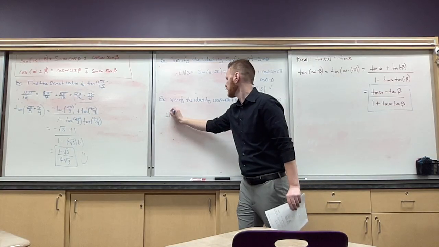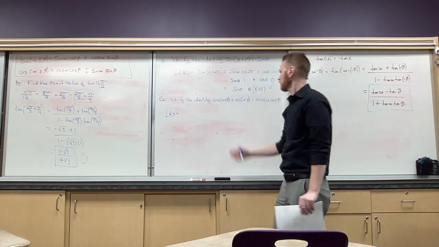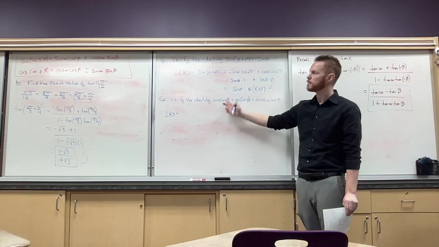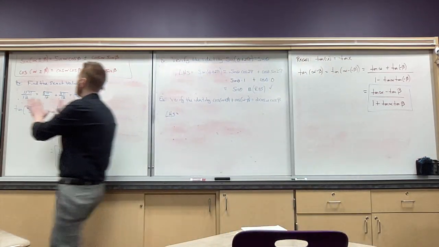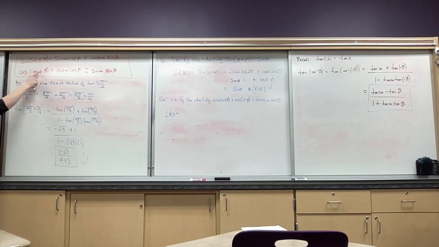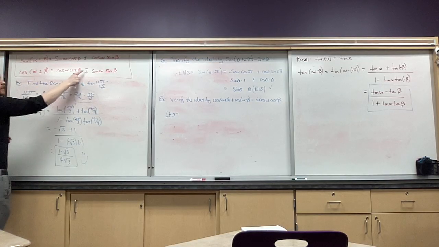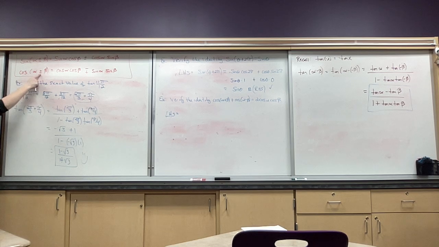So we have here left-hand side. So cosine of alpha plus beta. Okay, now, just as a review, notice the signs here. So because I'm doing plus, this sign I'm going to use over here is a minus, okay? If I was subtracting these angles with cosine, I would choose the bottom sign, which is a plus, so they alternate.